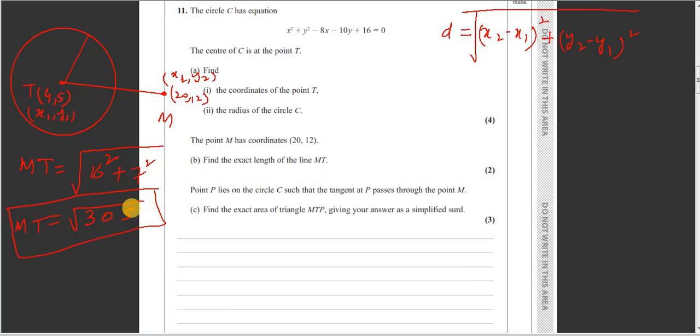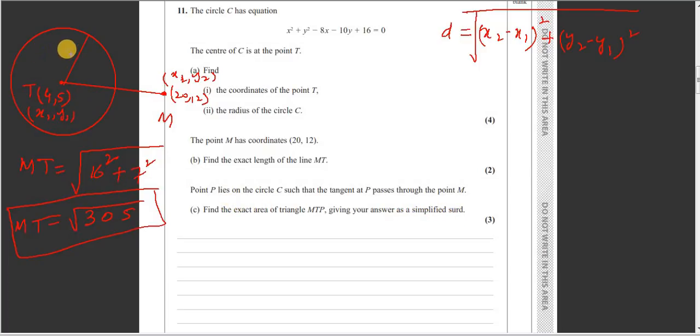This is part B. Now for the next part, point P lies on the circle C such that the tangent at P passes through the point M. Find the exact area of the triangle MTP, giving your answer as a simplified surd.